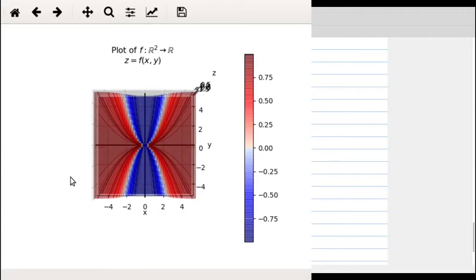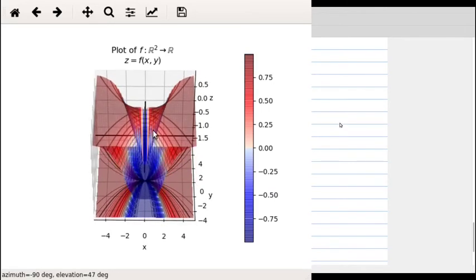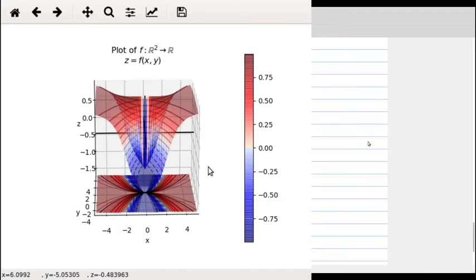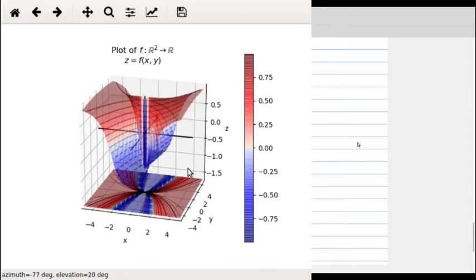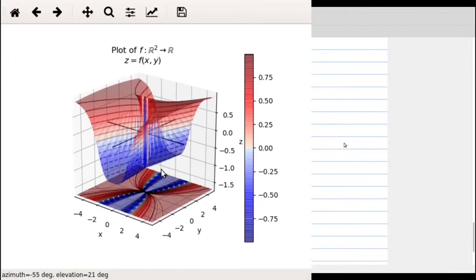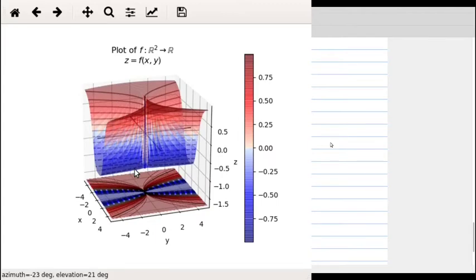This is the plot of the graph of this function. And we see that if we rotate this to see the graph, it looks very similar to the other graph, in that at the origin there's a problem. It's almost like a jump at the origin, where the level curves of this function are behaving exactly like we predicted from our level curve analysis.